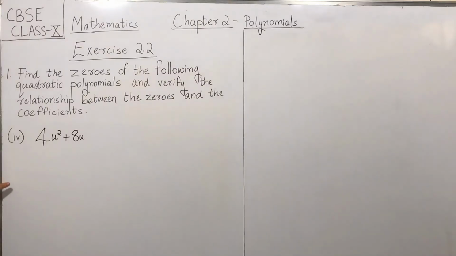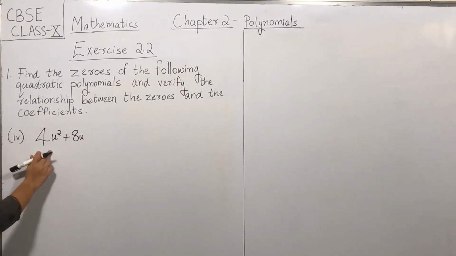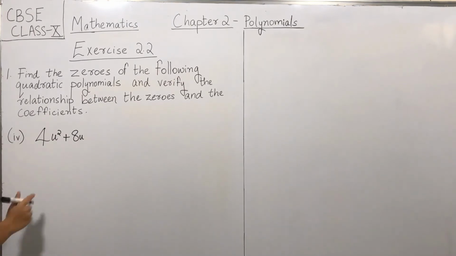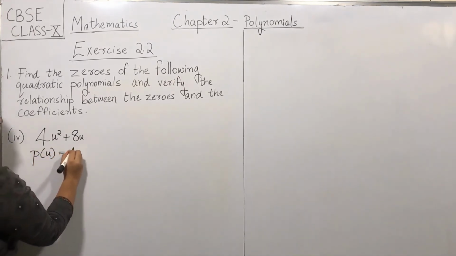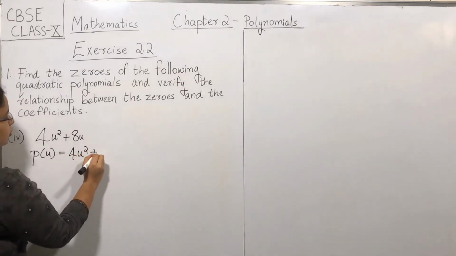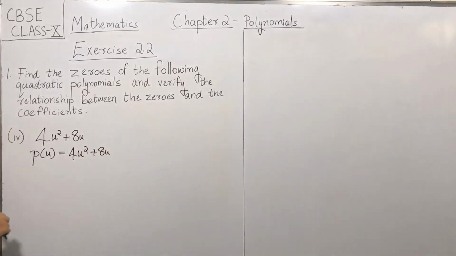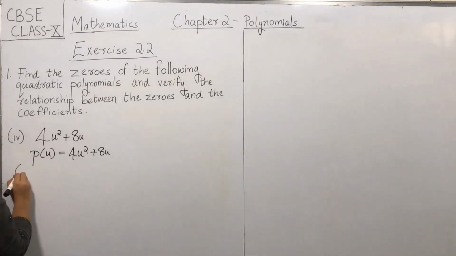Okay, we can do the fourth question, that is 4u square plus 8u. Now p of u equals 4u square plus 8u. Now we can compare this equation with the general form of the quadratic polynomial.